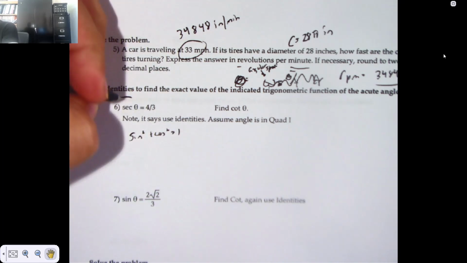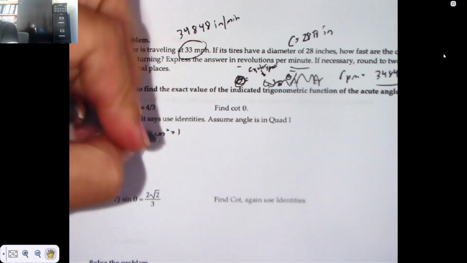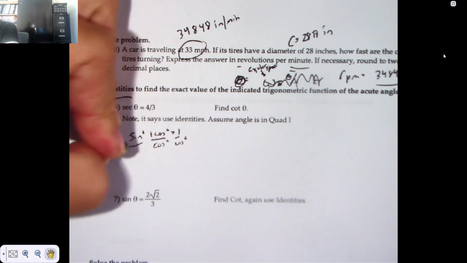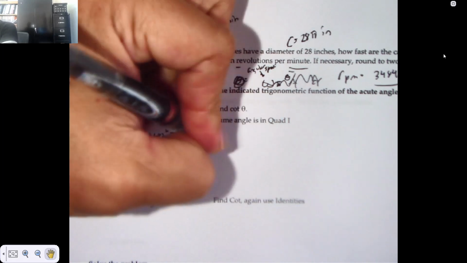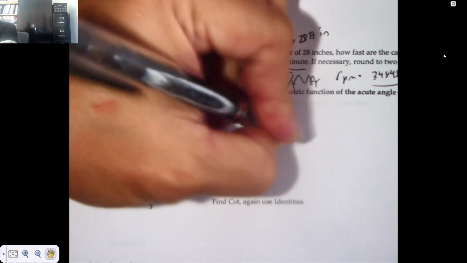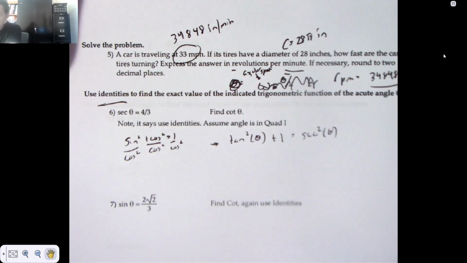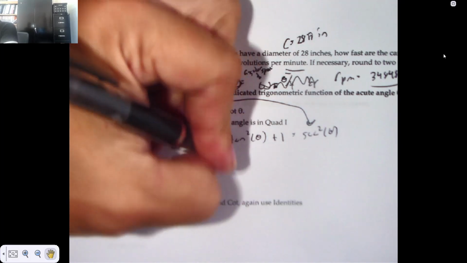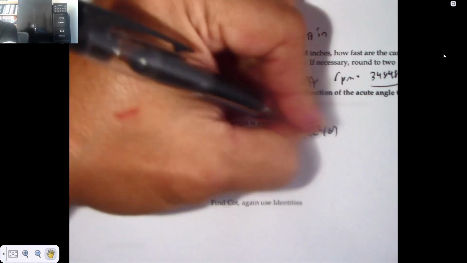If I want secant, I'm going to divide out cosine squared. This will give me tangent squared of something plus 1 is secant squared of something. Now I'm going to plug that in right there. Although I could have done something else. I don't know why I did this the hard way, but I did. In fact, scratch this.